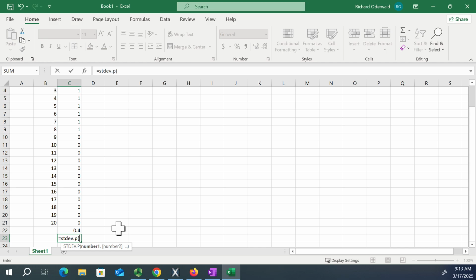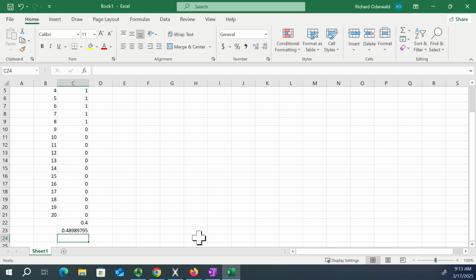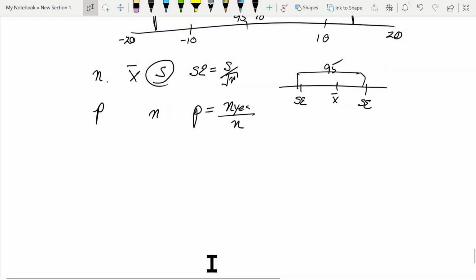The divisor is n instead of n minus 1. And there is the standard deviation for 8 out of 20. The formula that's used to get that.